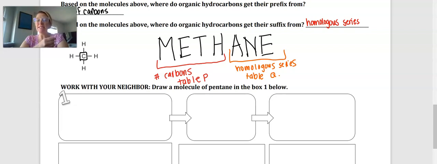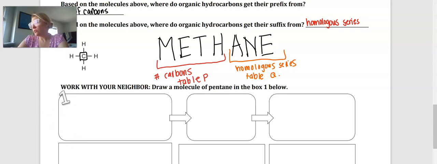And then we have our ending, or our suffix, and it's either going to be ane, ene, or yne, based on whether it belongs to the alkane, alkene, or alkyne family. So you're going to be using reference table P today for your prefixes, reference table Q to help you with identifying the homologous series to which your molecule belongs. And let's go ahead and dig in.